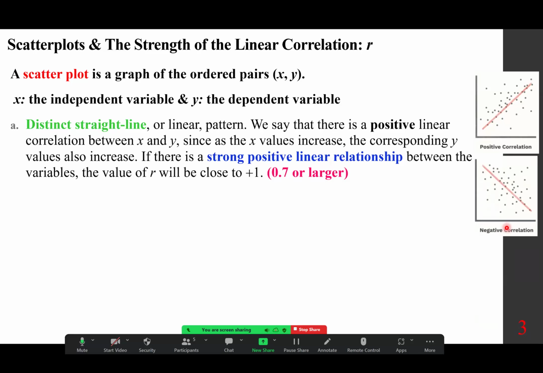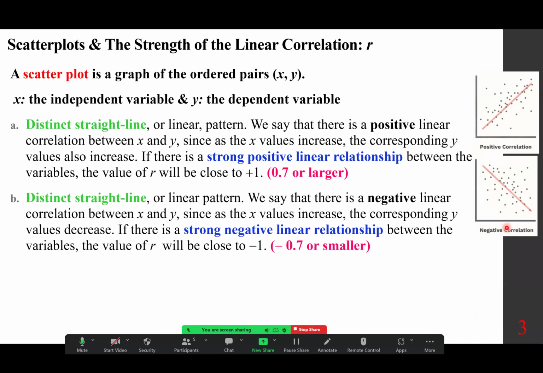Same thing here in a negative direction, called negative correlation. Distinct straight line or linear pattern. Again, we say that there is a negative linear correlation between x and y, since as the x values increase, the corresponding y values decrease.